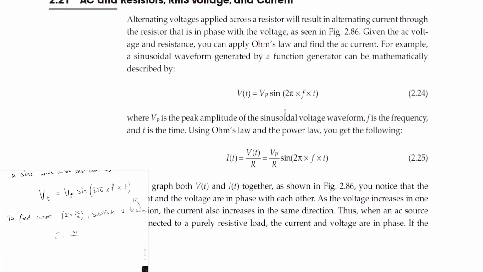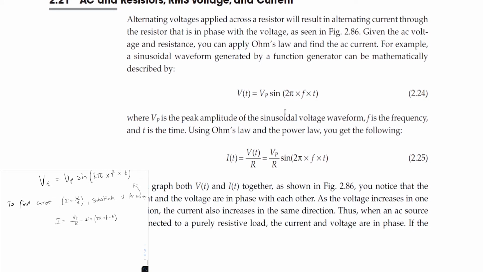So I is equal to VP over R sine 2 pi times F times T. I don't understand why it's only VP over R.